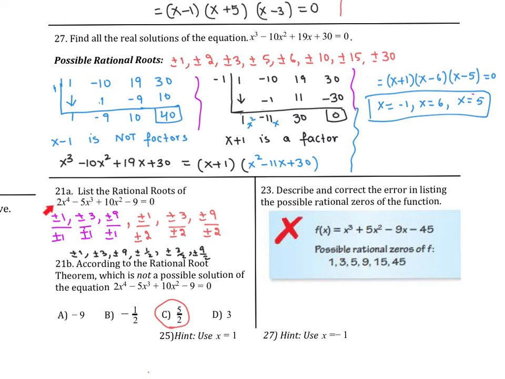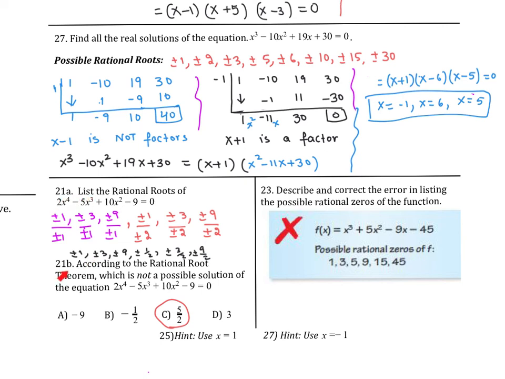Divided by 1 first, and then the same factors of 9 divided by 2. Now list all the possible zeros without repeating any.